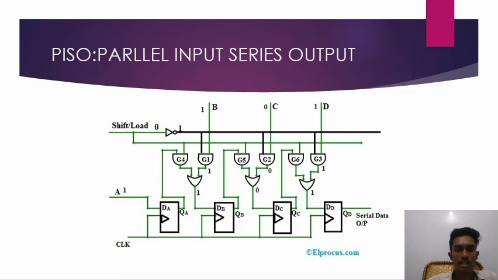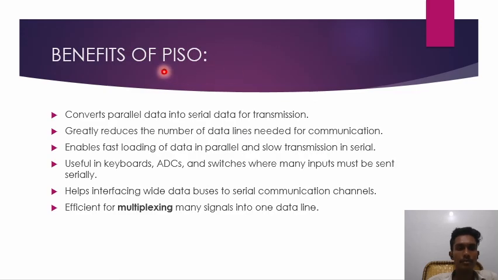Let us see the advantages of parallel input and serial output. It converts parallel data into serial data for transmission, hence we call it PISO. It reduces the number of data lines, and data lines are nothing but bytes.